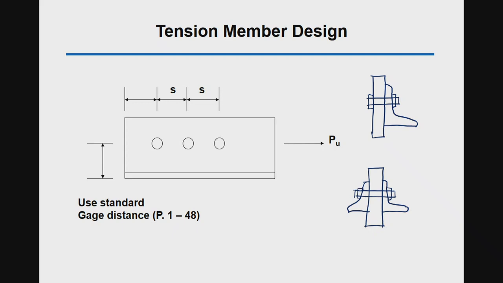And the preferable gauge distance is specified or suggested in the code.